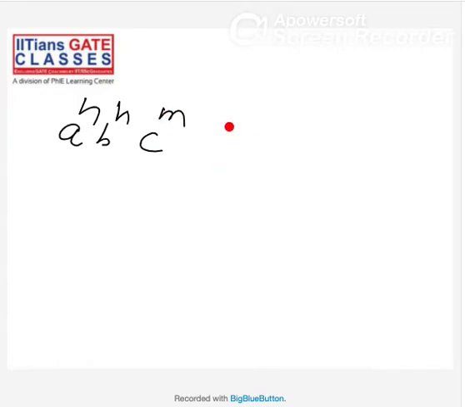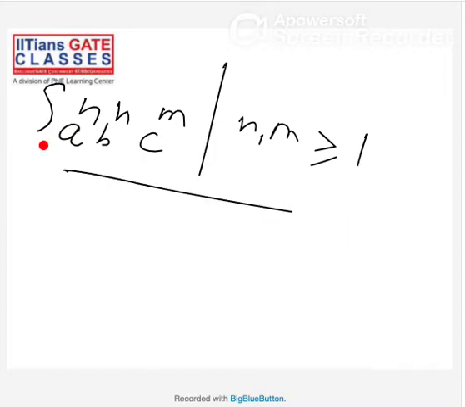Before we see the example, first let's try to see whether this is a regular language, a CFL, a DCFL, what it is. Tell me what this language is. Is this regular? Is this DCFL? Is this CFL?